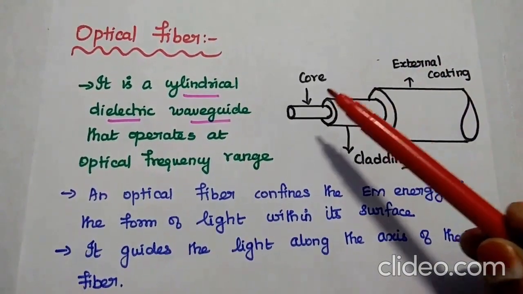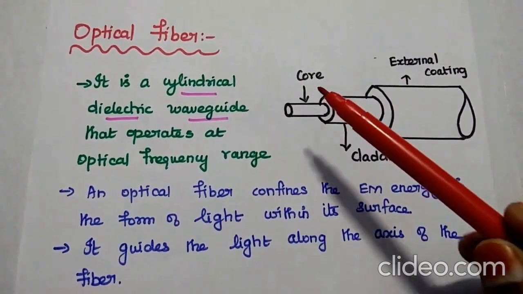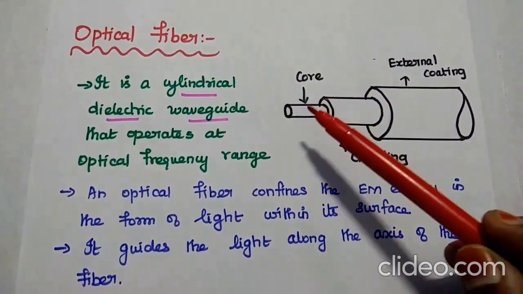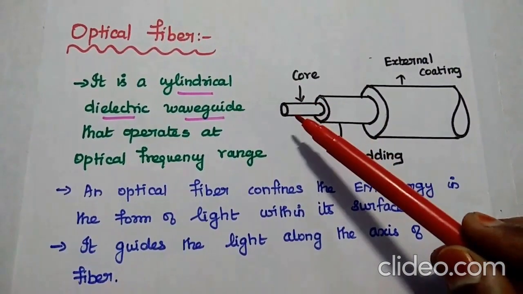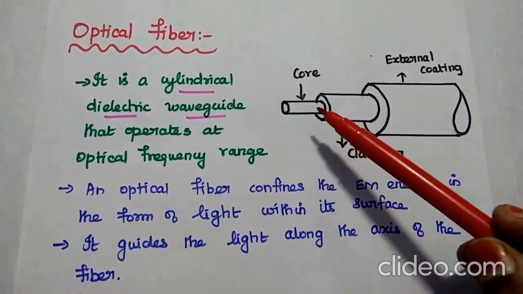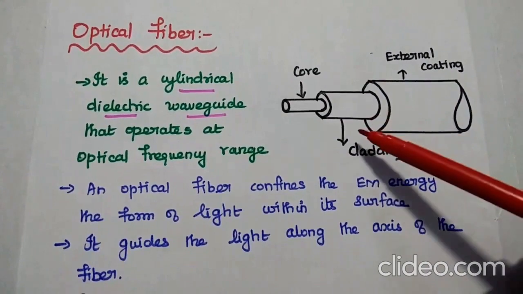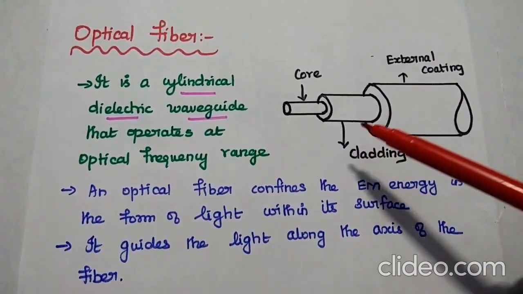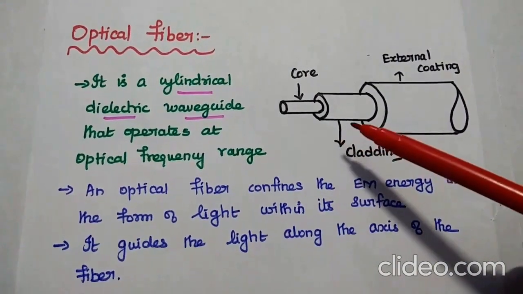In this optical fiber, it has the cylindrical dielectric waveguides. This operates at an optical frequency range. So the core and cladding are used as the outer coverage surface of the optical fiber. Then still more protection is given by using the external coating.